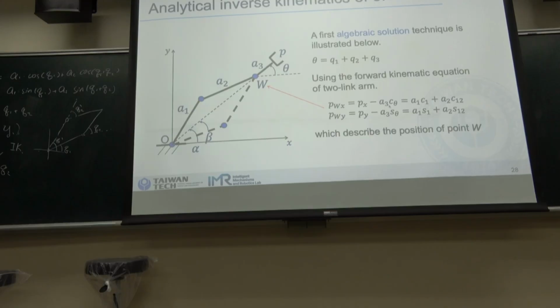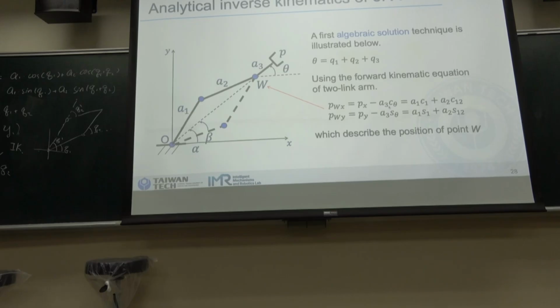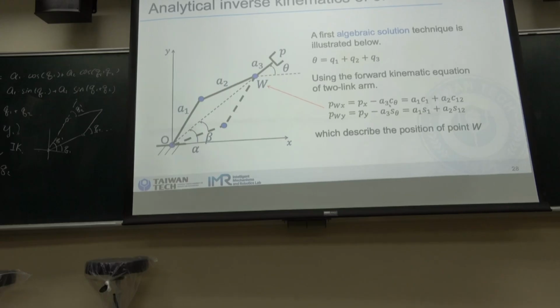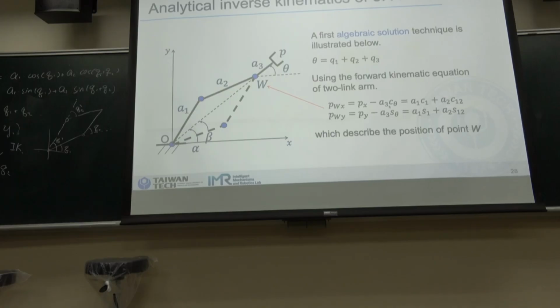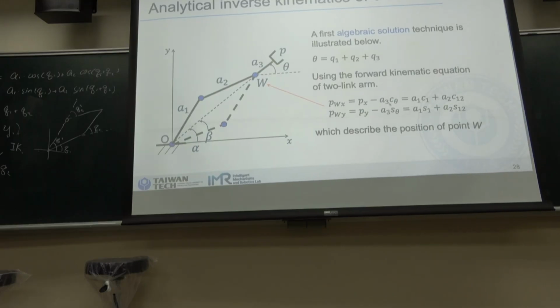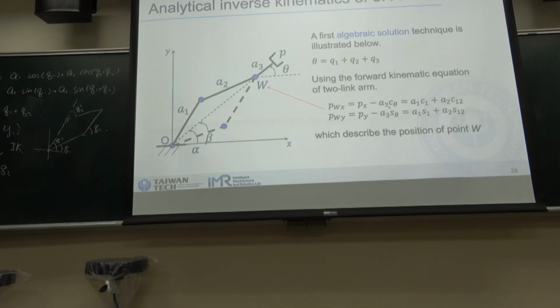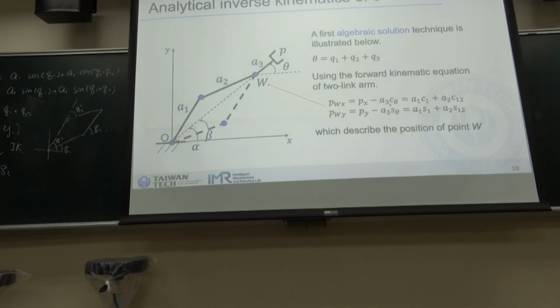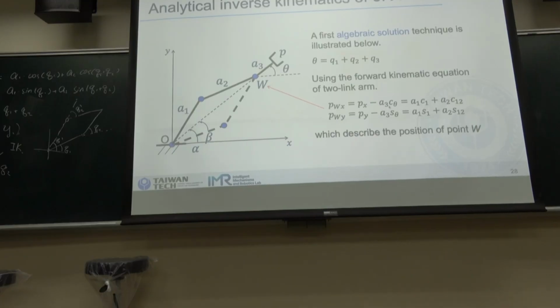The length over here is A3 times cosine theta, and the height is A3 times sine theta. So this point will be Px minus A3 times cosine theta for the x, and for the y is Py minus A3 times sine theta. So we can get the position of this point.